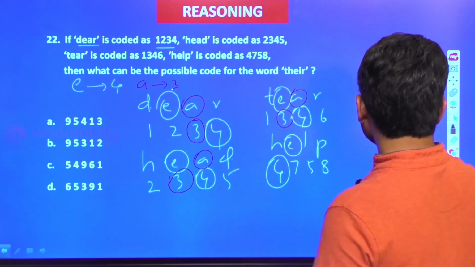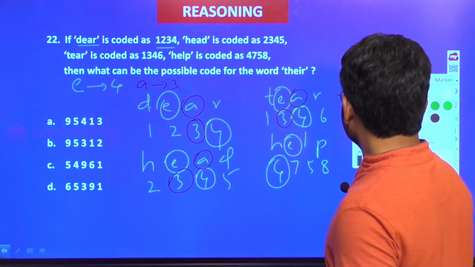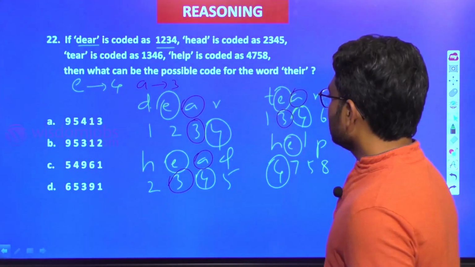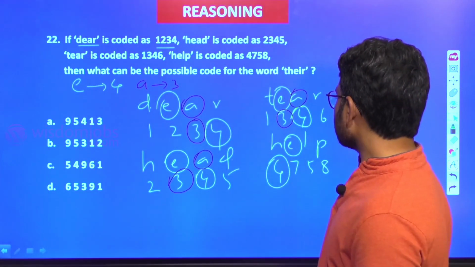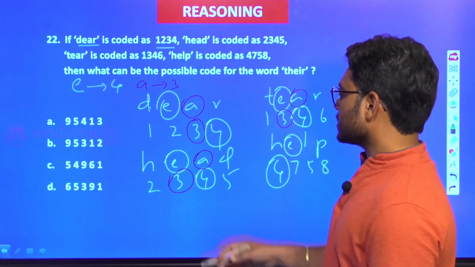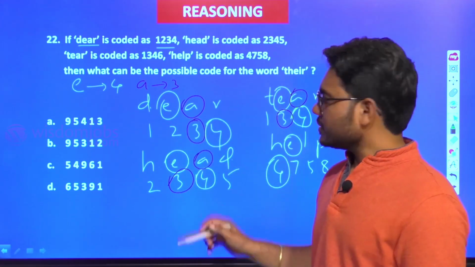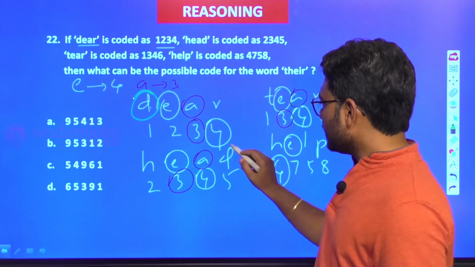So next, similarly, identify the other letters also. D is repeated twice, and R is repeated twice. From this, you can easily identify D here and D here.